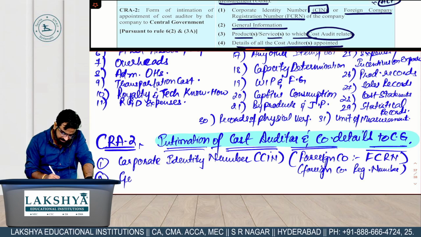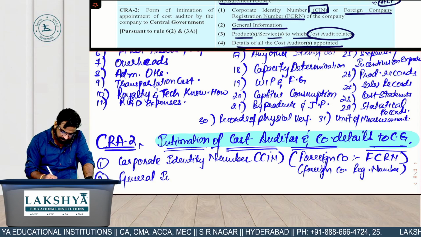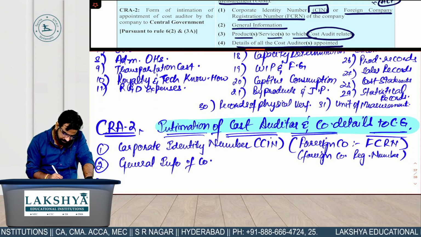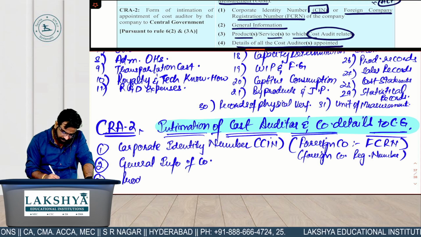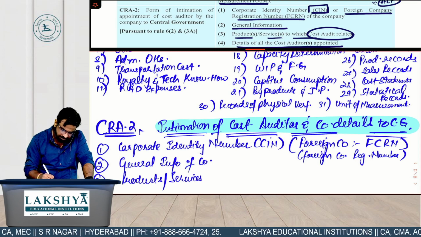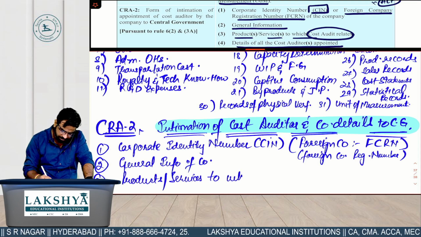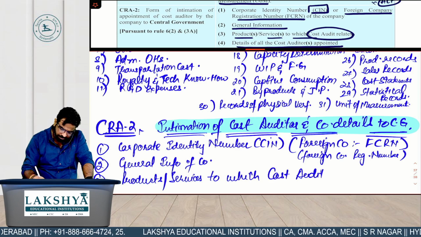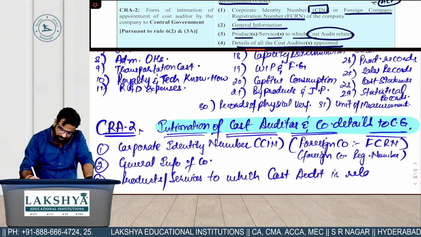Second thing is general info of company. Third, products, services to which cost audit is related to.